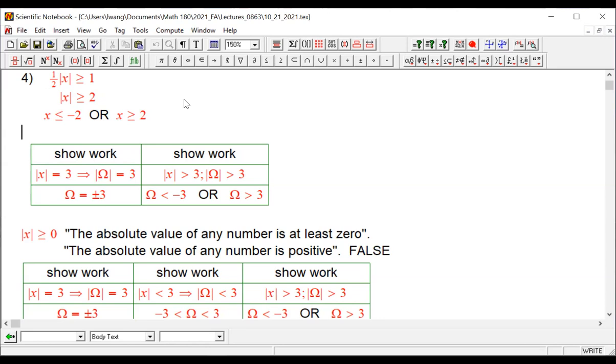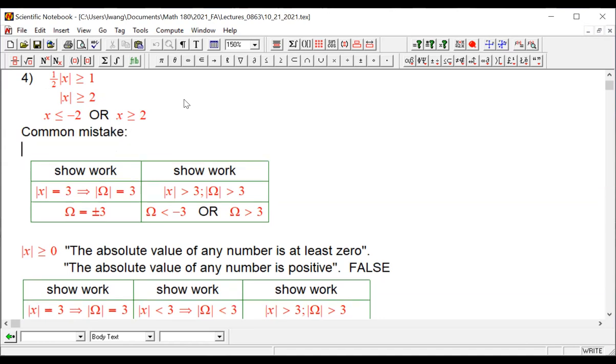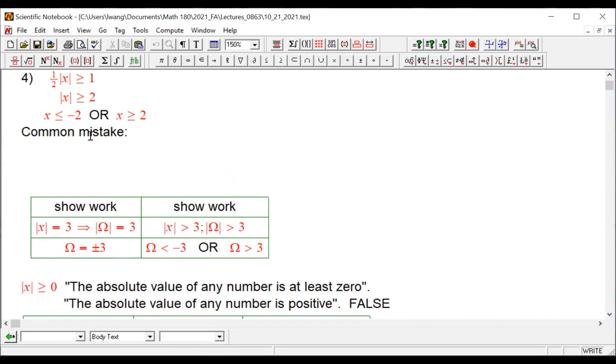Okay. Common mistake. Very common. I would even say it's a very popular mistake.